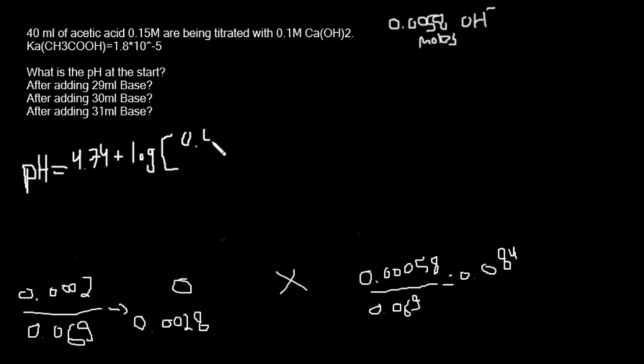So 0.084 divided by 0.0033. If you do this calculation, you're gonna get that your pH is 6.2. Okay, so this is the first part.